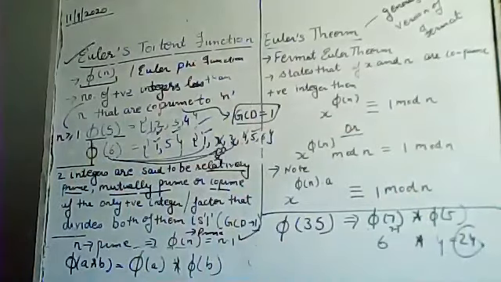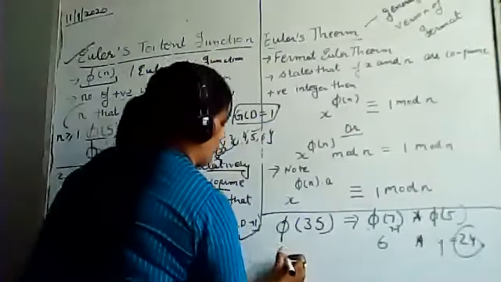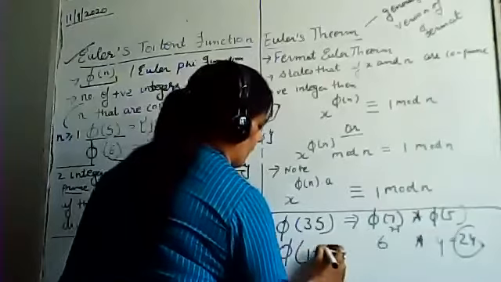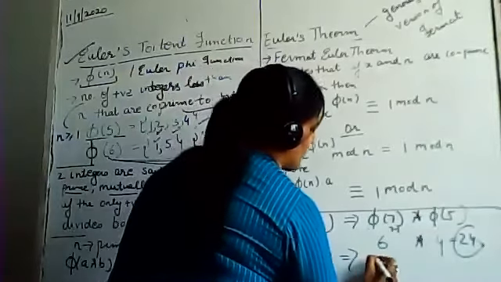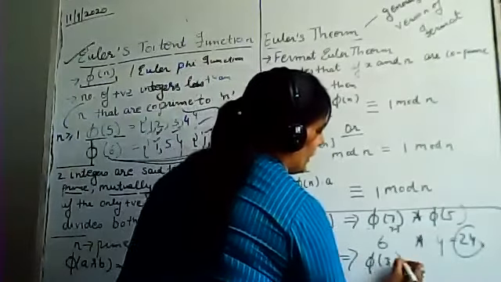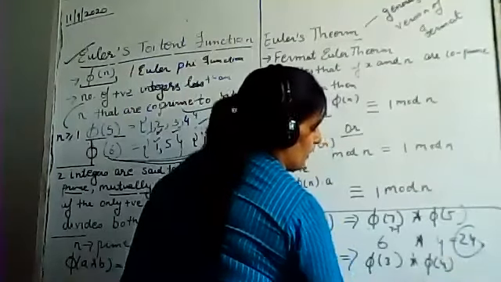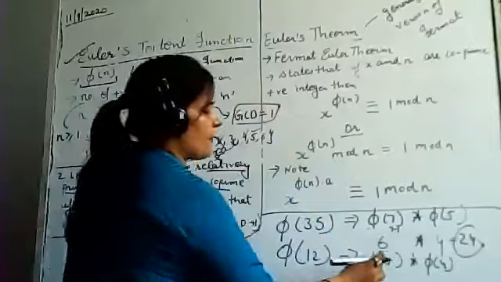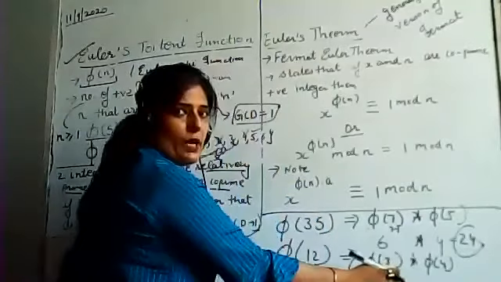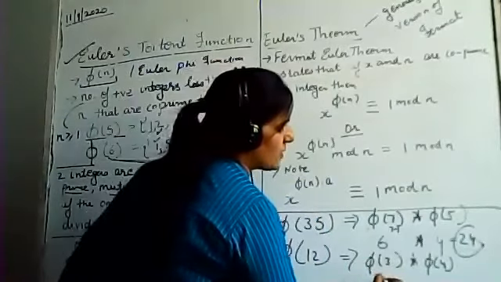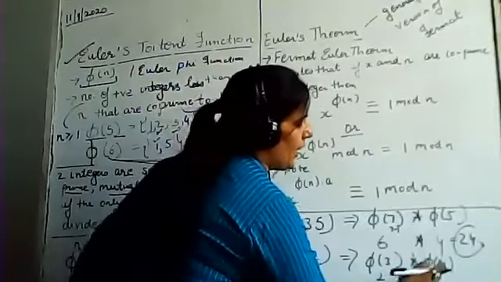Again we have a phi. Let's suppose I need to calculate this value for 12. So 3 fours are 12, so we have phi 3 and phi 4. Now 3 is a prime number, so I can directly subtract 1 from it. What will be the answer? 2. And what about 4?